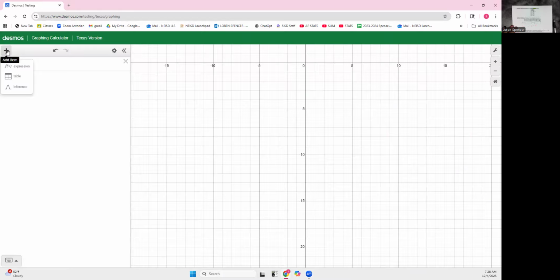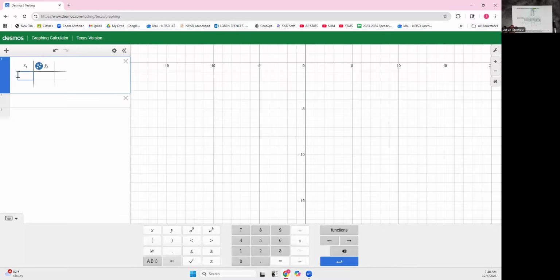So I press the plus button, then I select table, and we had -6, then -2, 4, and 10. And then on the other side, we had -10, -4, 5, and 14.